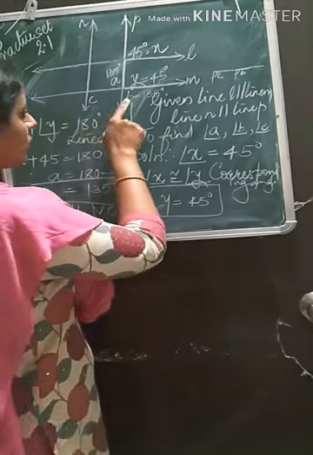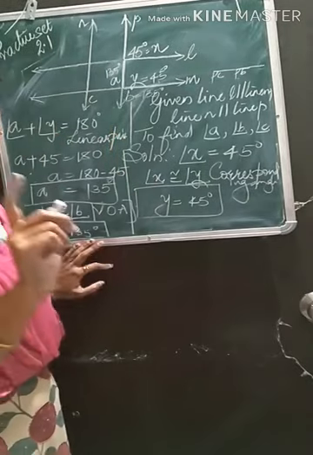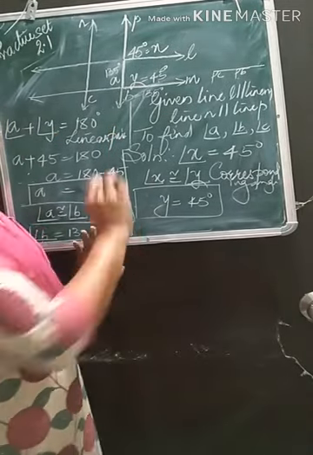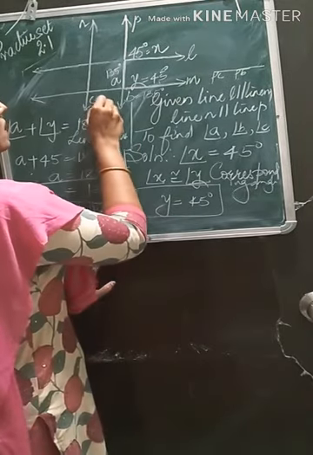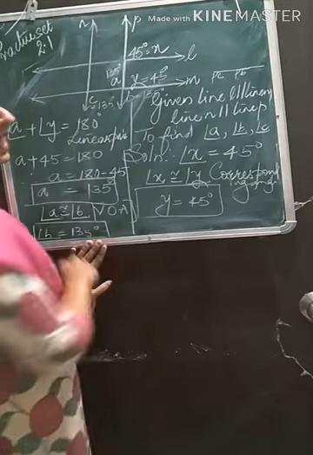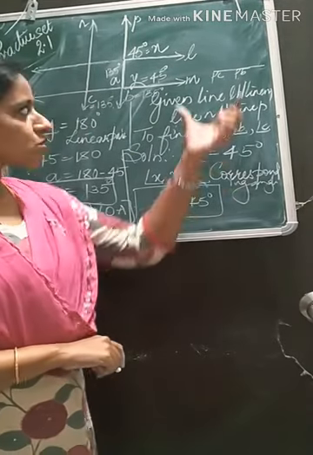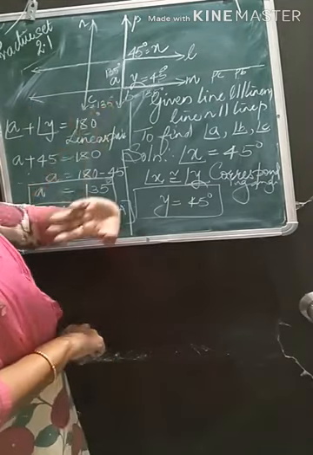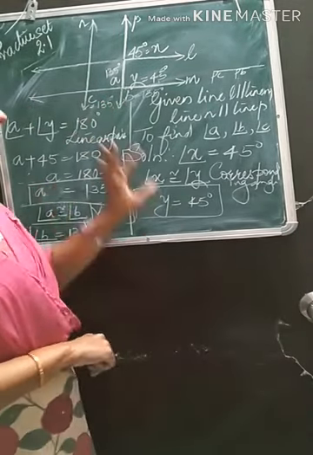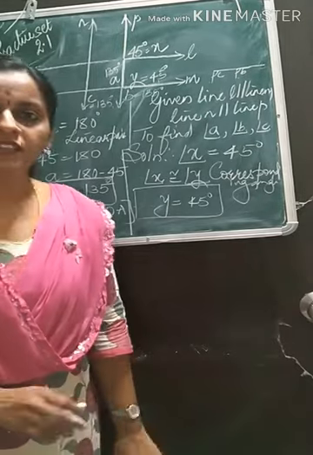Angle C congruent to angle B. Reason, corresponding angles. If B is 135 degree, how much will be C? C will also be 135 degree. Okay, can you solve that small part? So you got angle A as 135, B as 135, C also you got 135 degree.